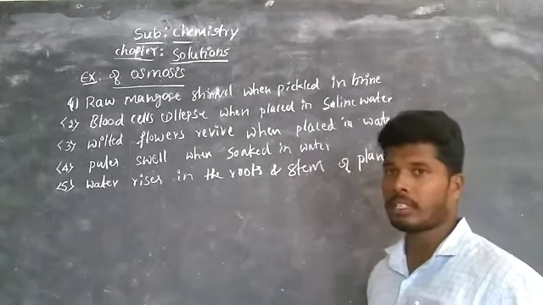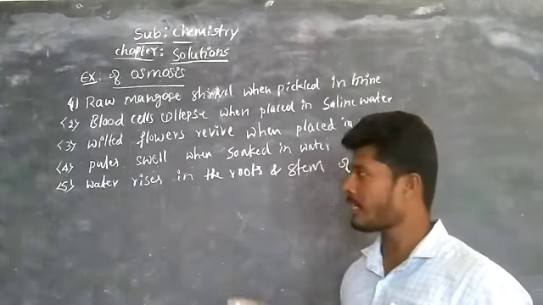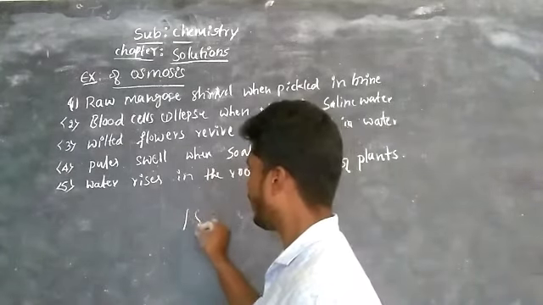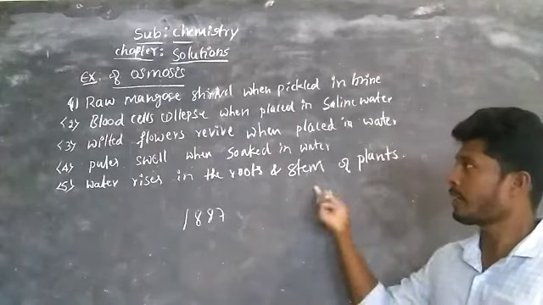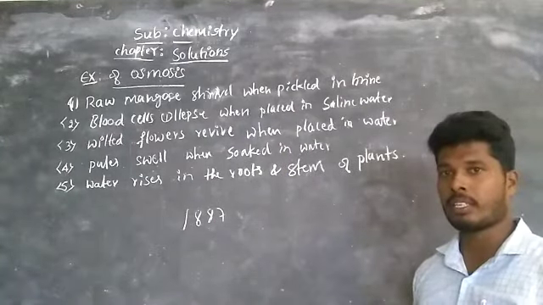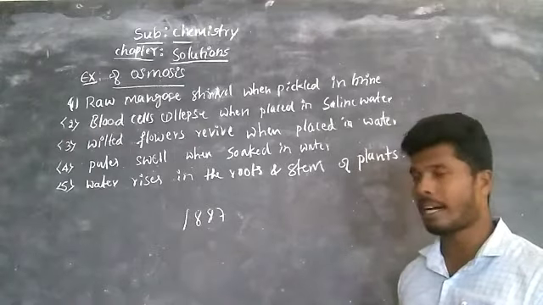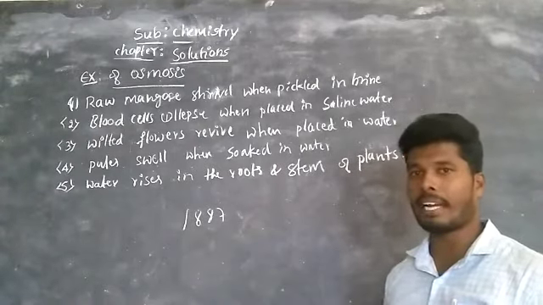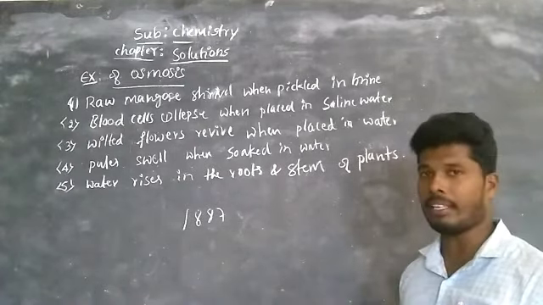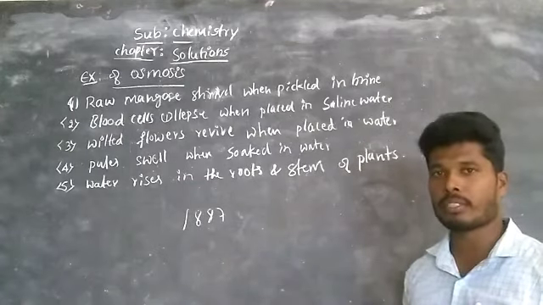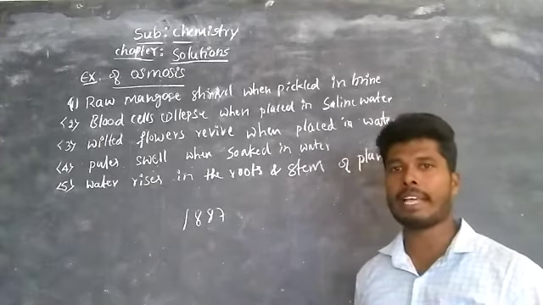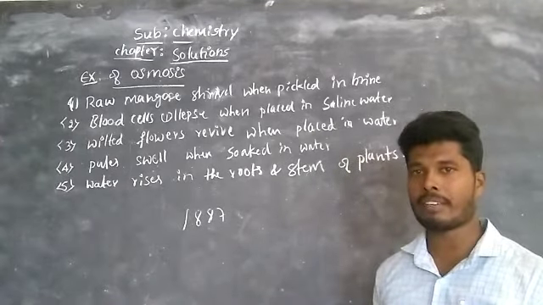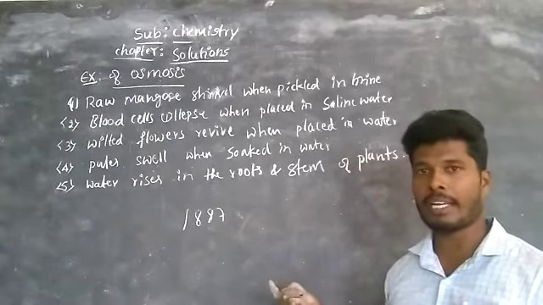Now here, the scientist Van't Hoff observed in the year 1887, after knowing the examples of osmosis, that dilute solutions obey the law of the ideal gas equation, and also obey the ideal gas.